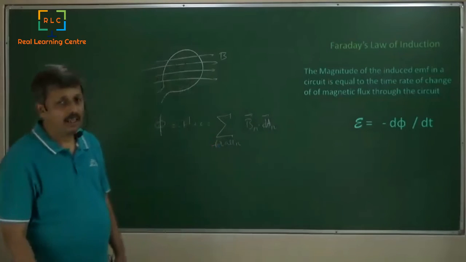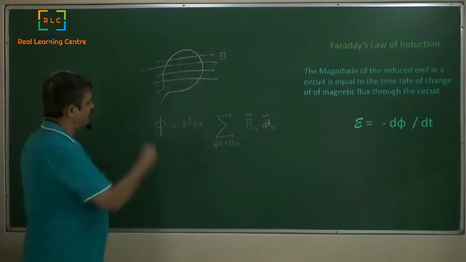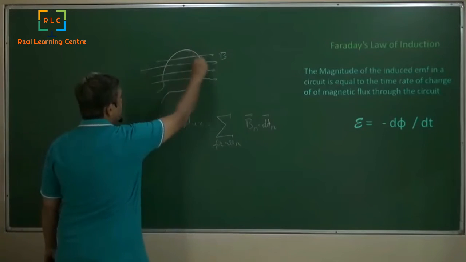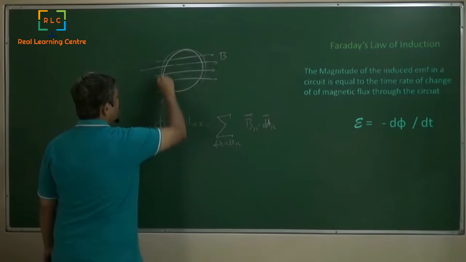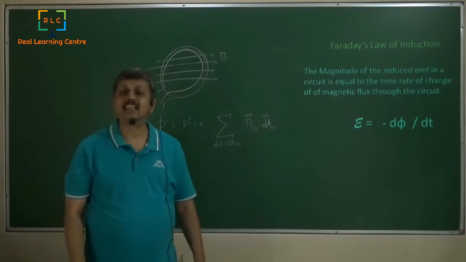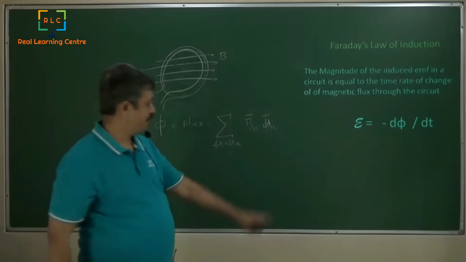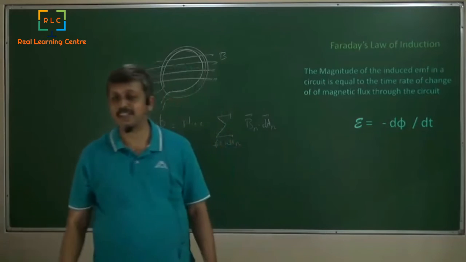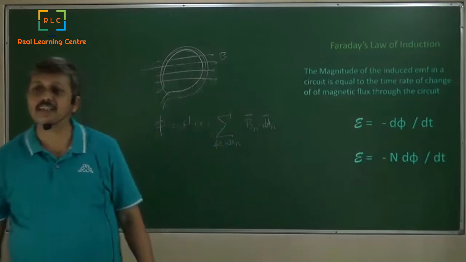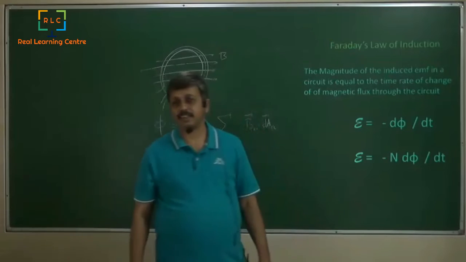Suppose instead of a single wire you had multiple turns, multiple rounds of the wire coil, let's say n rounds. Then each round will generate minus d phi by dt. If you had n rounds, it will generate n times minus d phi by dt in total.